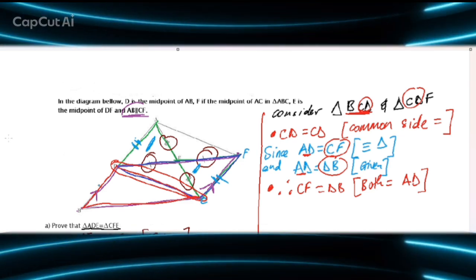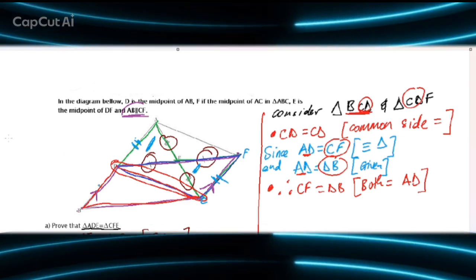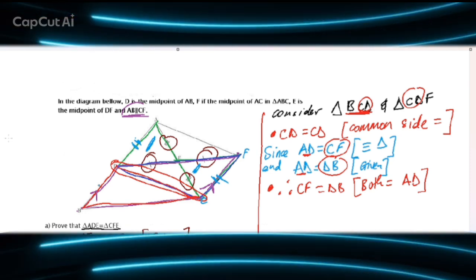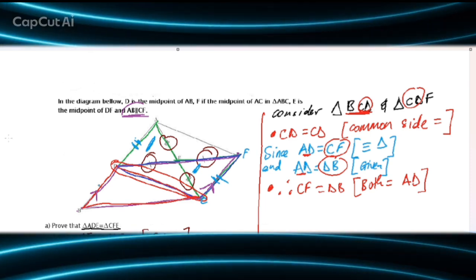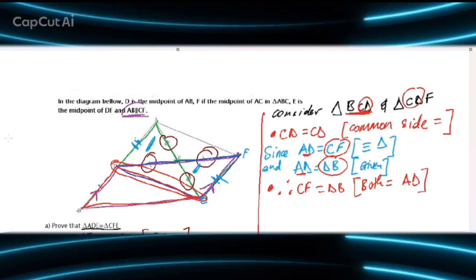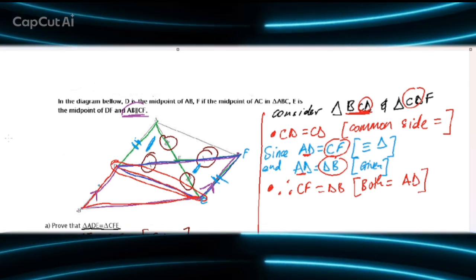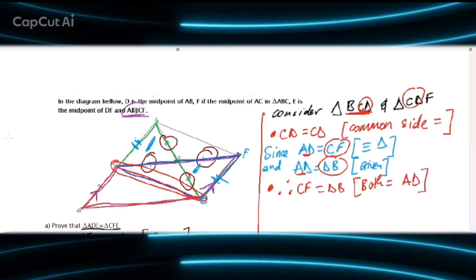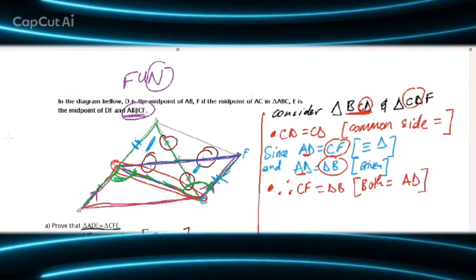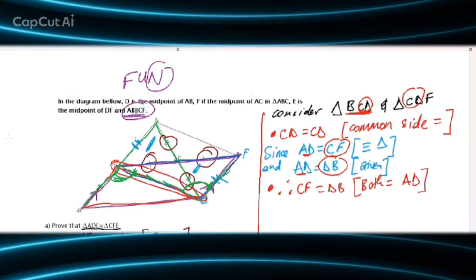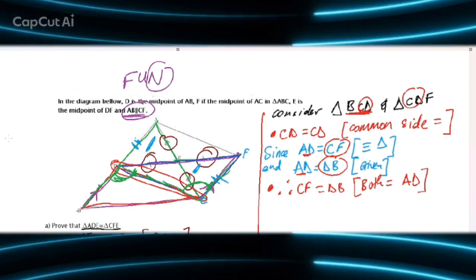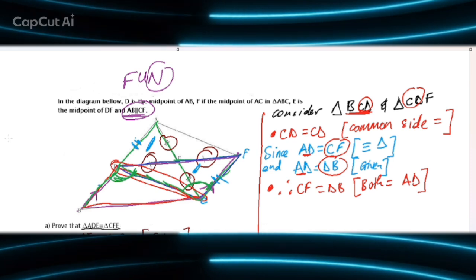So the last point, you are going to focus on these parallel lines. Remember, this is parallel to this, right? AB is parallel to CF. Now, when you see parallel lines, we have to consider phi. F is not here, but I can see a Z being formed here. If I draw a Z like this, going like this, and then coming, I can see that this angle here will eventually be equal to this one.